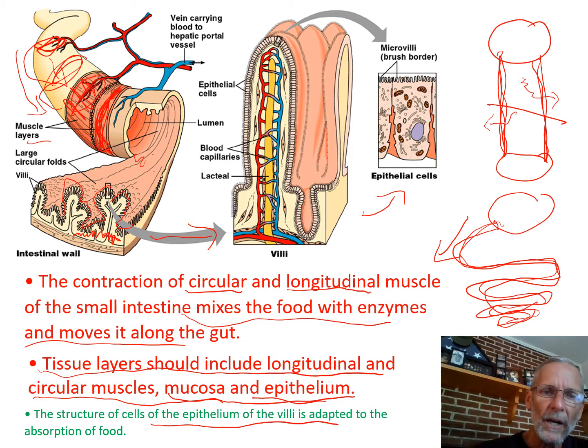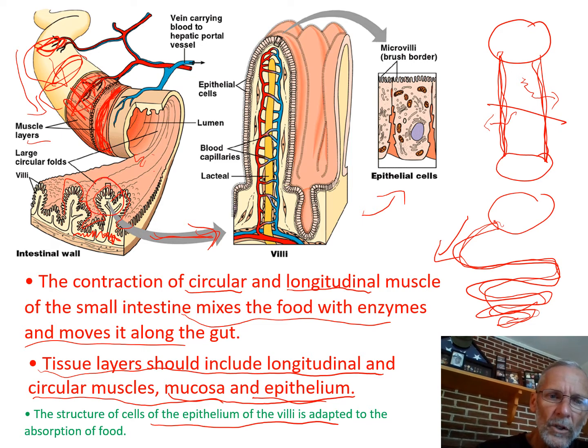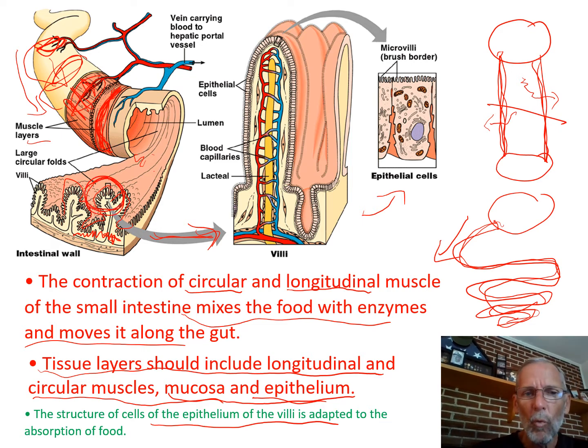But then if you look at an even smaller level, which is what they magnify here, one little clump of one of these bigger folds, it shows that the actual epithelial lining is folded into finger-like projections, much like shag carpet or your fingers, right, that are called villi, which is really hard to read here because the I's and the L's look all the same.